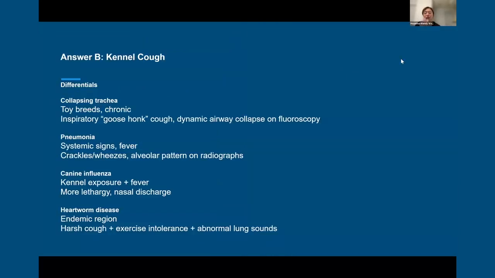Well, going into our next topic of the day, the correct answer here is kennel cough. And the differentials which I threw up there as sample answers: collapsing trachea is mainly going to happen with smaller toy breeds, and that's chronic, and we'll often hear more of a goose honk that will occur, especially after excitement.